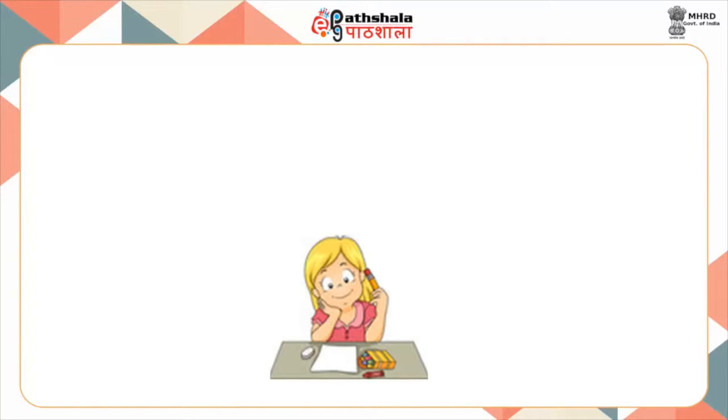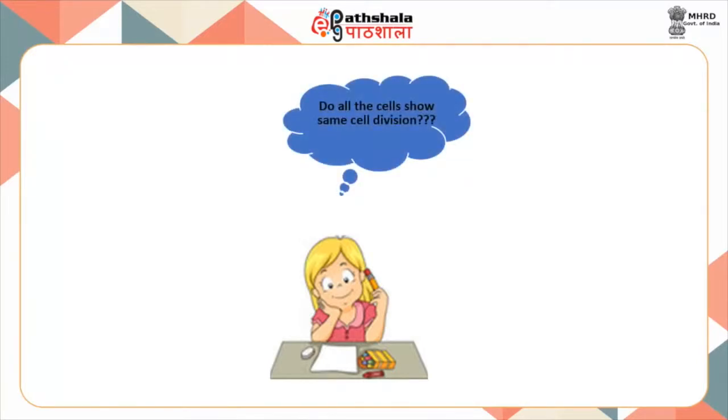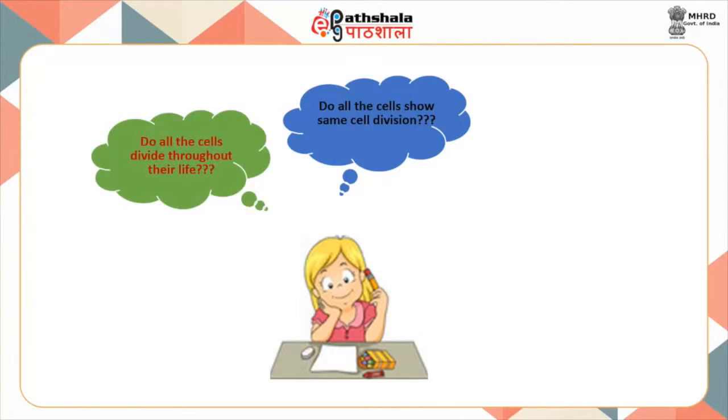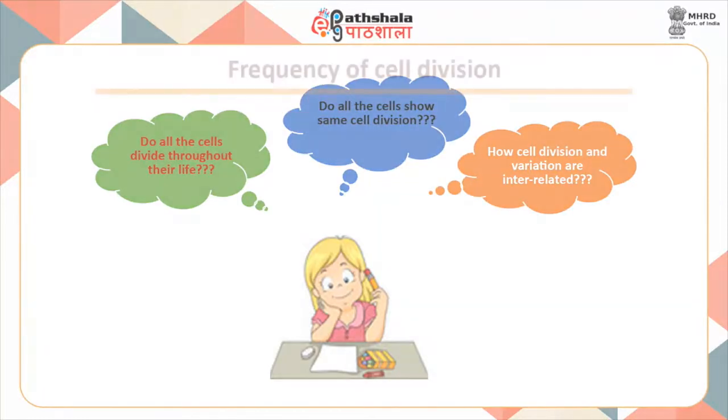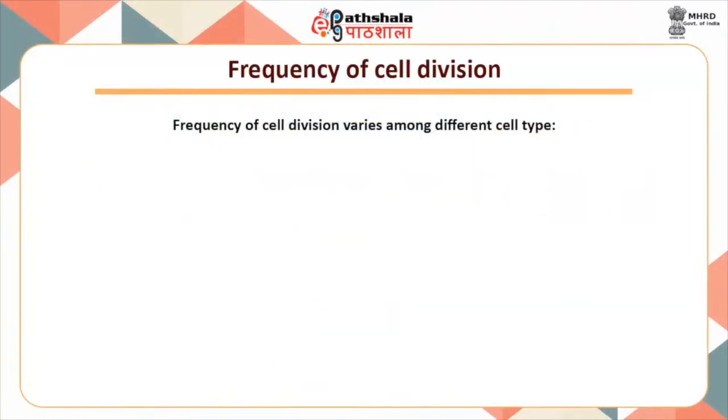Now, you must be thinking, do all the cells show the same cell division? Do all the cells divide throughout their life? Is there any connection between cell division and generation of variants? All your queries will be clear very shortly. The frequency of cell division varies among different cell types.